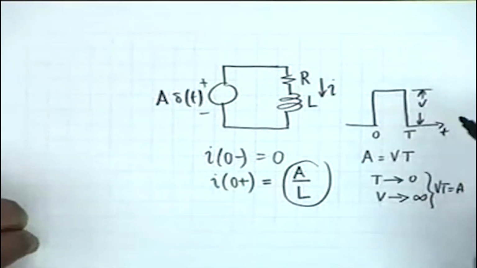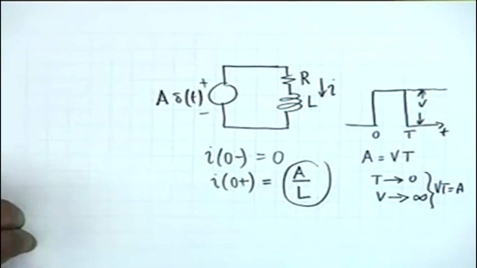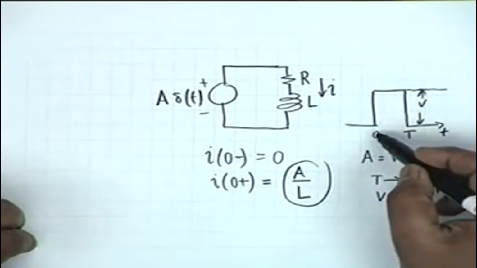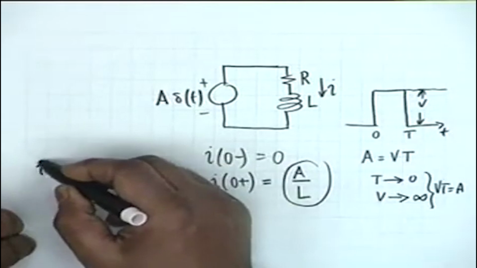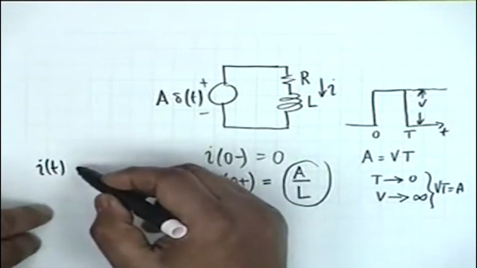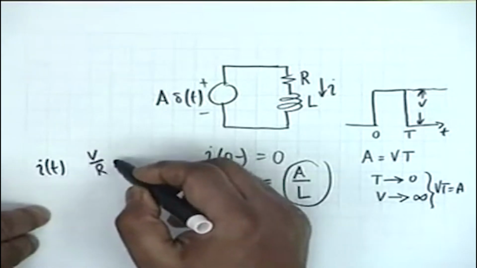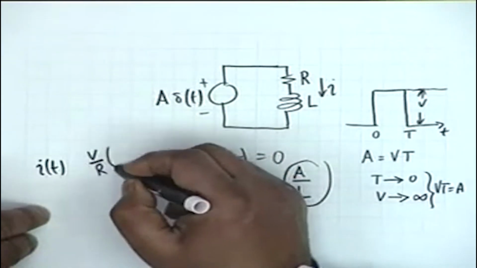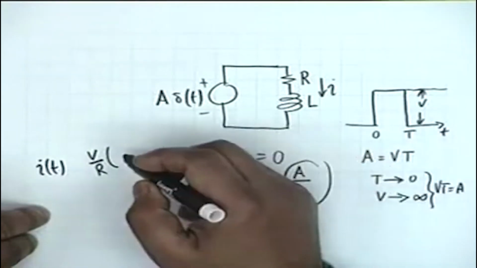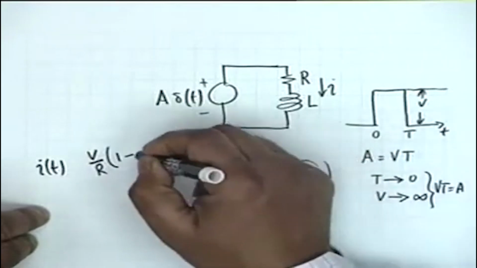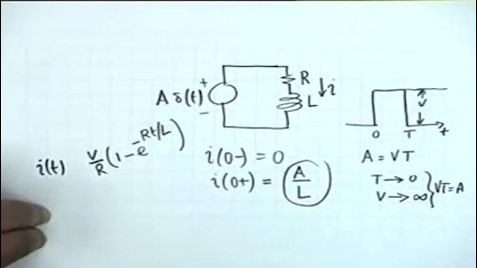You see, if I apply a step which rises from 0 to capital V at t equal to 0 and which remains a constant, the current I of t in the circuit shall be simply V by R, then the initial current is 0, and therefore it would be 1 minus e to the minus Rt by L. Agreed?